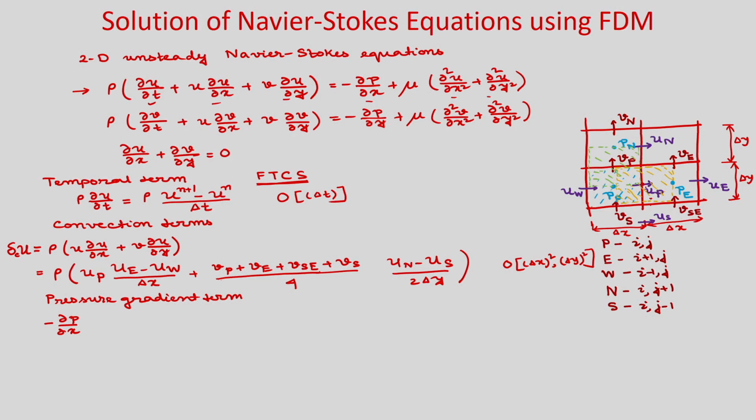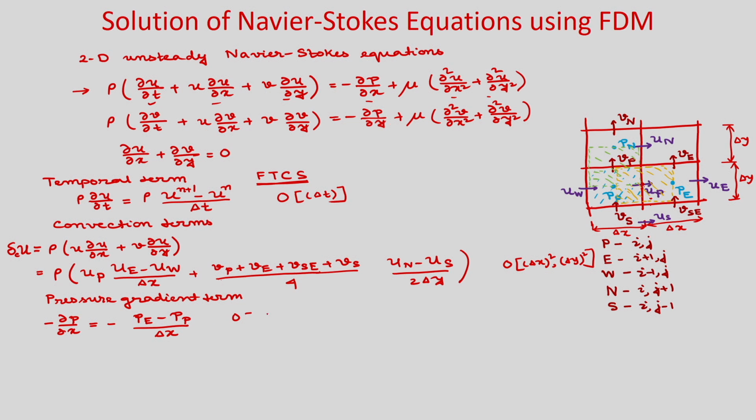If you see this UP cell, the pressure gradient in the x direction you can easily write as minus Pe minus Pp divided by delta x. This is also central difference.